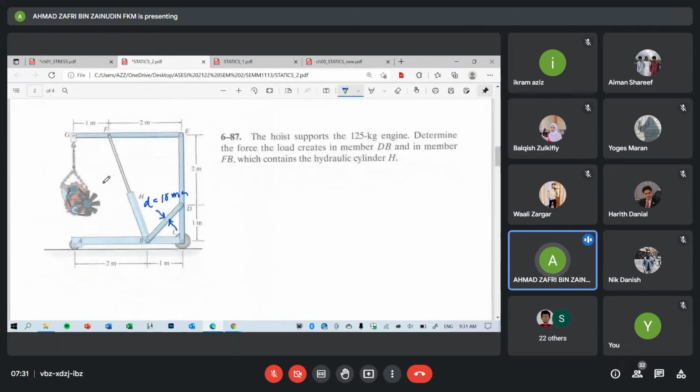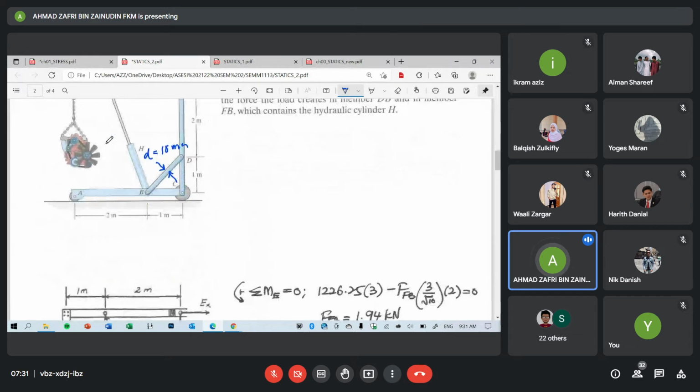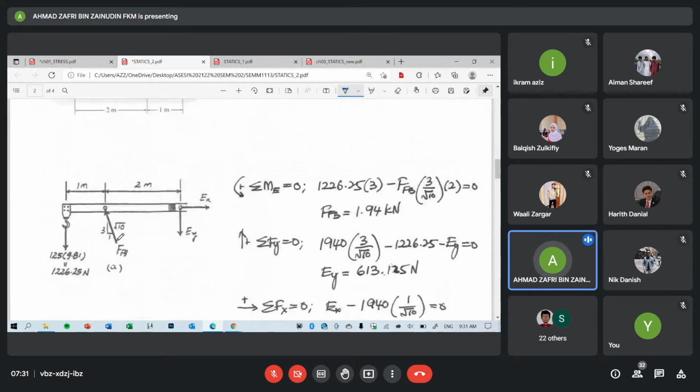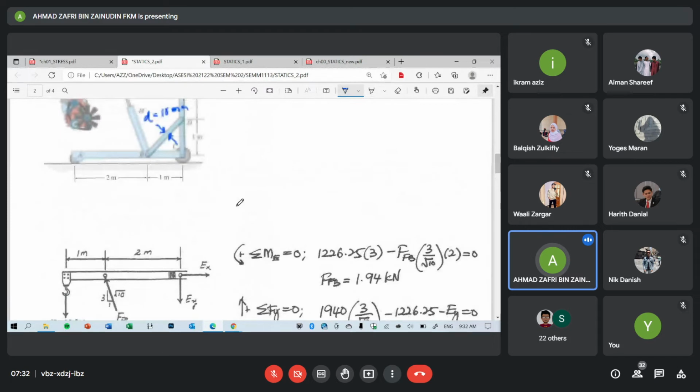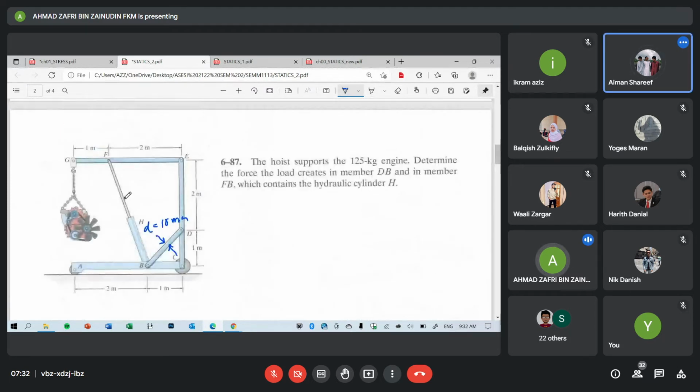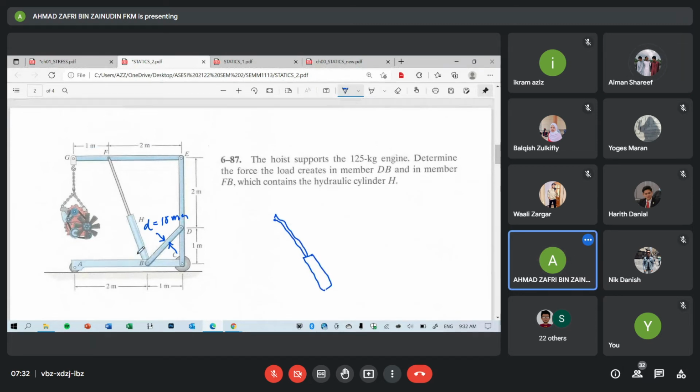Now look at FB, right? I put the free body diagram in this direction, and we found that it is positive, which means it is correct in this direction. Now if we sketch the free body diagram for FB, we have FB here in that direction.